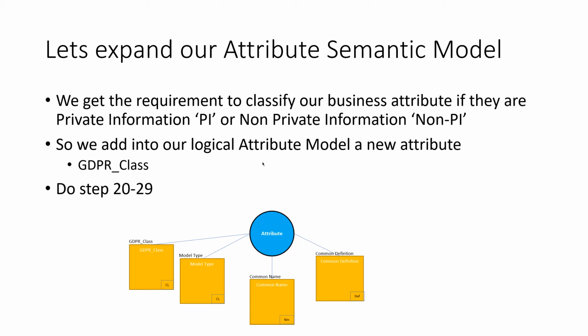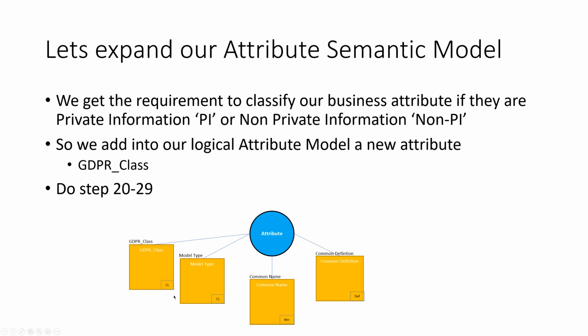And we think like this, we're going to add a new attribute into our logical semantical model, because we want to have an attribute to describe our business attributes. So looking down here, you can see that we have GDPR class. That's what we call it.